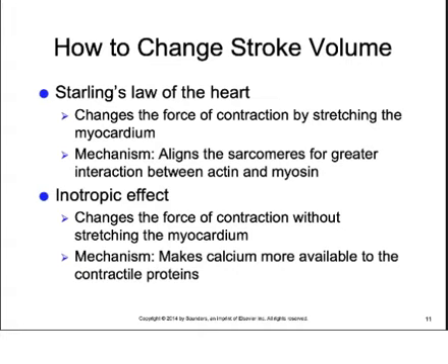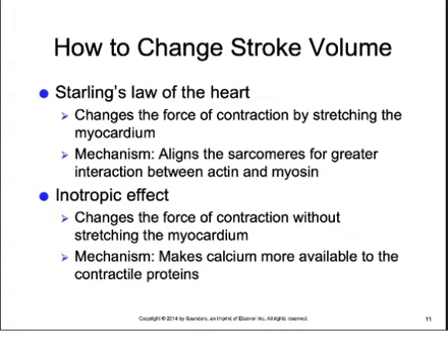Inotropic effects change the force of contraction without stretching the myocardium, and that's primarily going to be the effect of things like epinephrine. So when we talk about sympathetic discharge, we have to note that epinephrine has a positive inotropic effect because it makes the calcium more available to the contractile protein, and it's going to squeeze harder with or without the stretch.